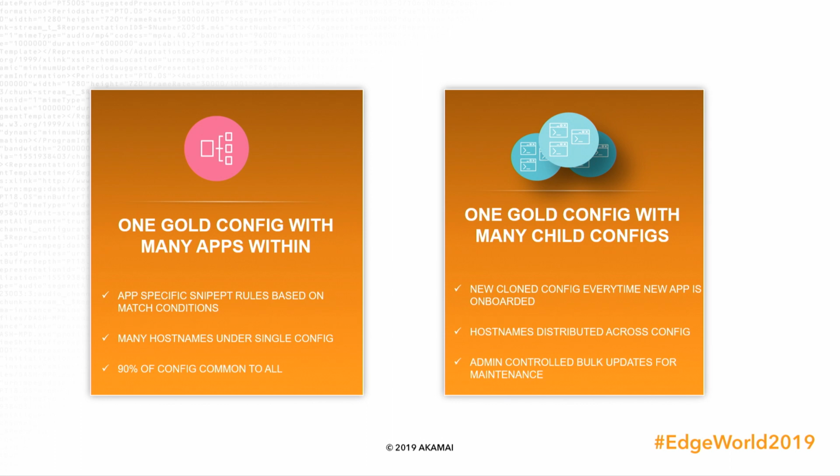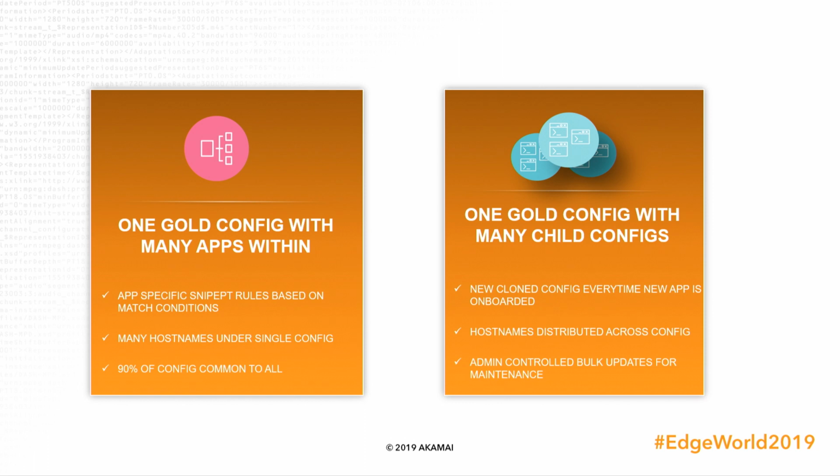But 10% of the configs, so if you're an app owner who simply cares about their TTL, or who simply wants to enable a bunch of redirects, that is controllable by you. And again, all of that goes into the same config, but it's under one area. And we'll deep dive into that one on how that works as we go along.